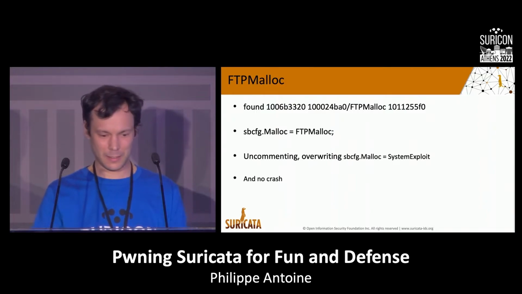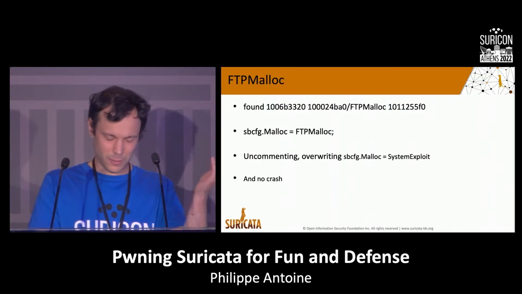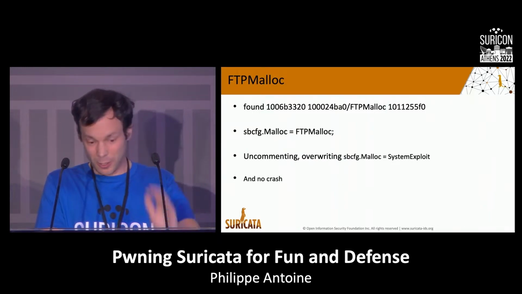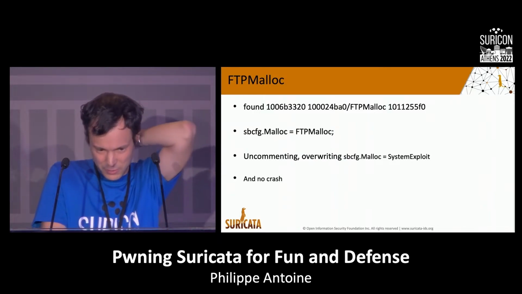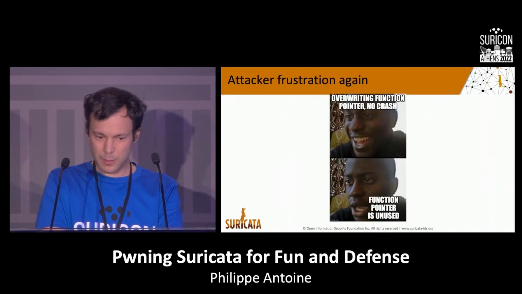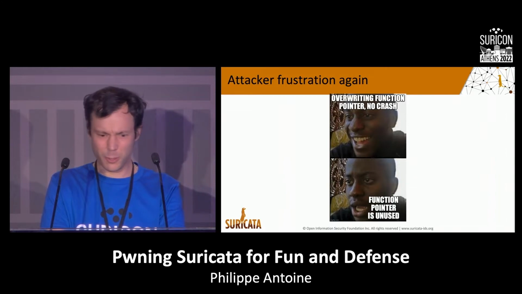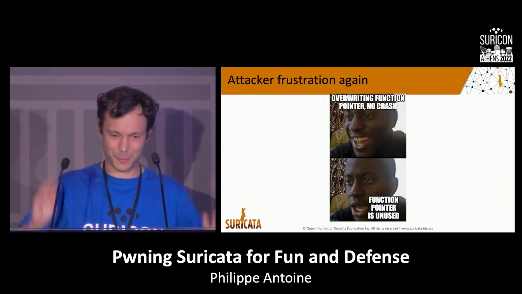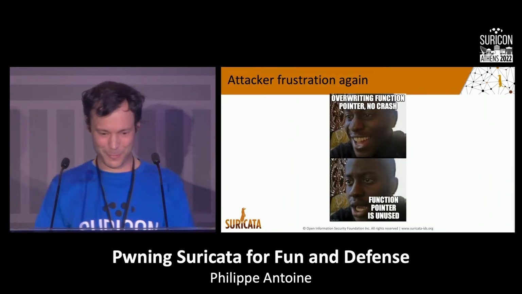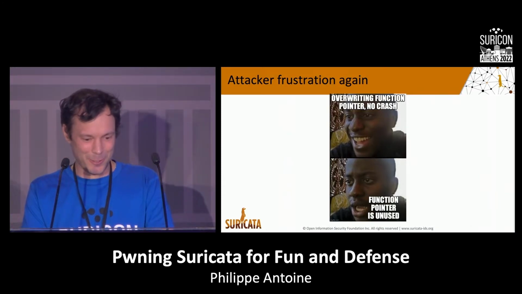So I do not use the first function pointer, but this sbcfg.malloc to overwrite, and no crash, because there is a function pointer, but it was unused. So yeah, Suricata prevented execution another time with some useless feature.